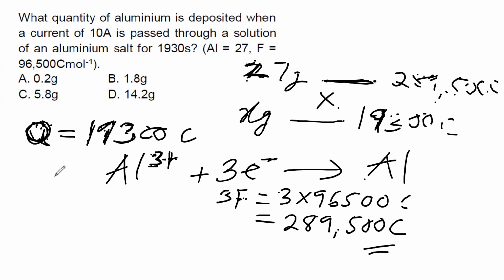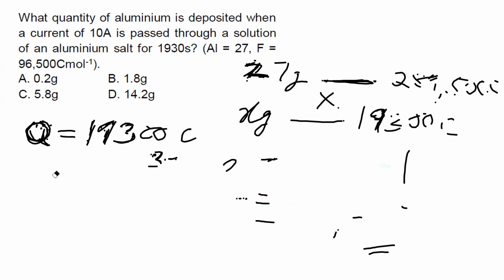So we now cross multiply. After we cross multiply, what are we going to get?